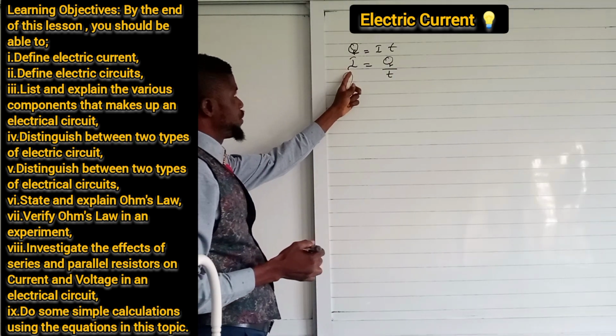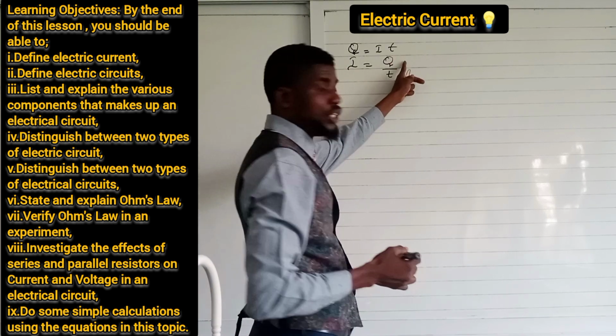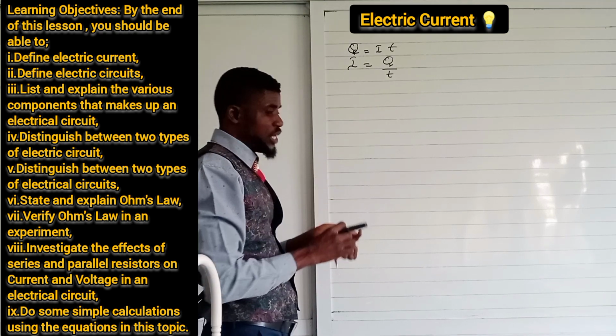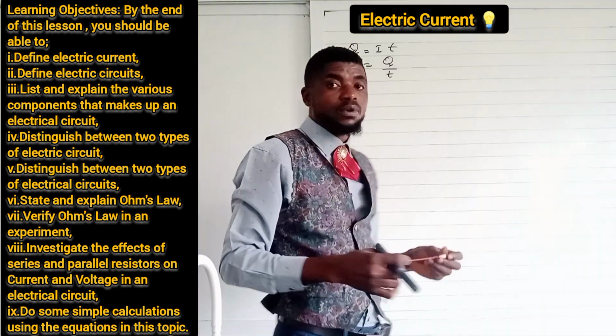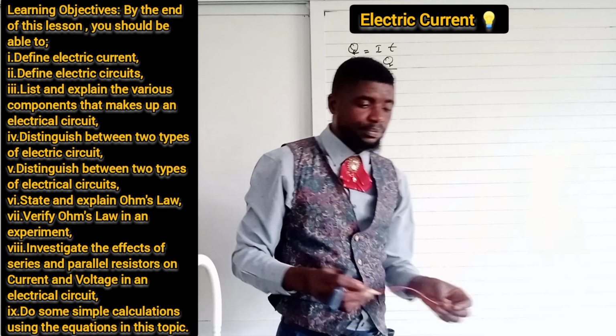We define electric current I as the ratio of the charge in coulomb to the time taken for these charged particles to flow from one end to the other end.